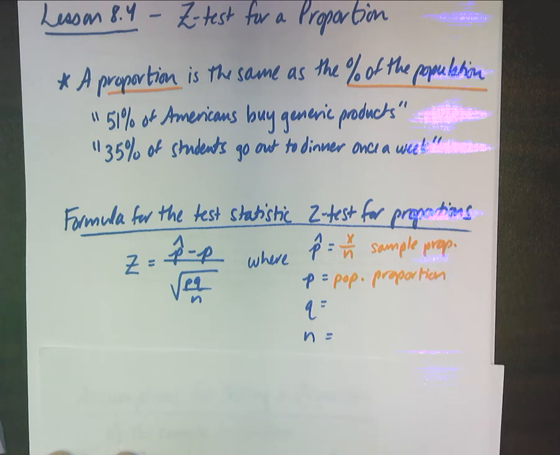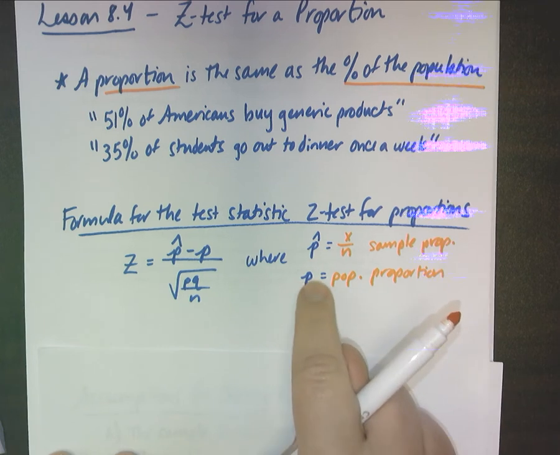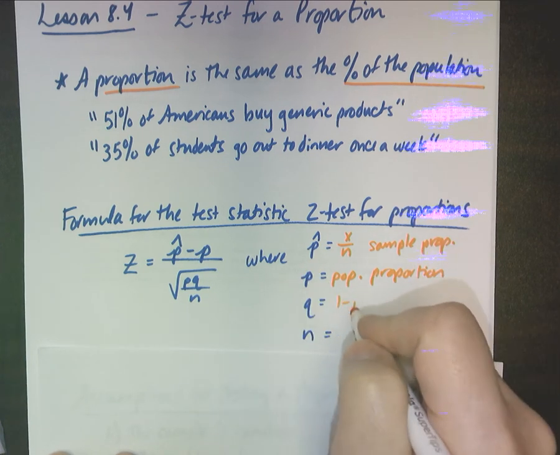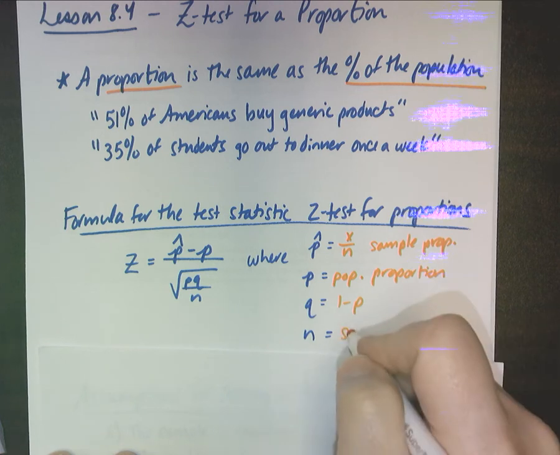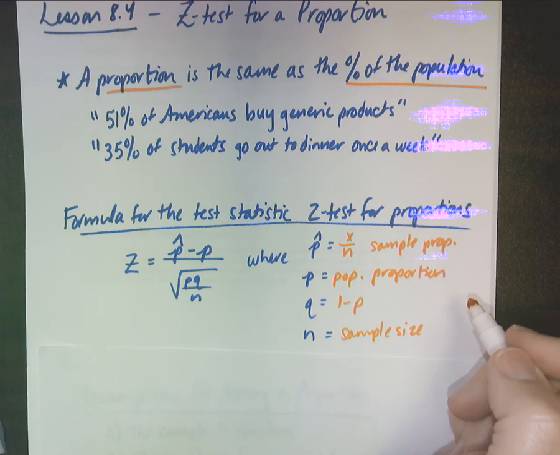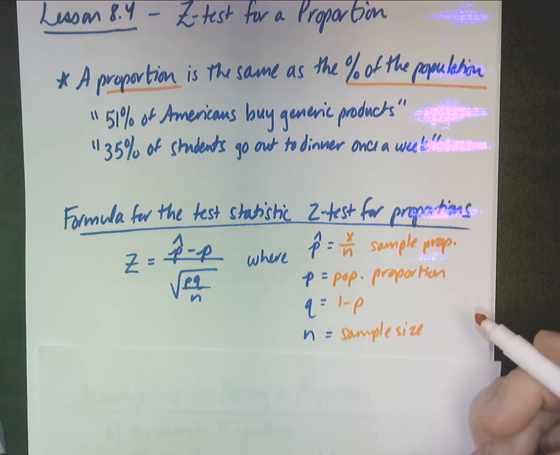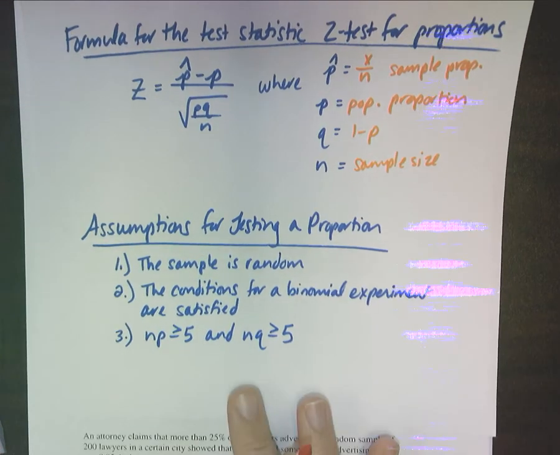Now we all know how to find Q. Q is 1 minus P. And then N, that's obviously your sample size.